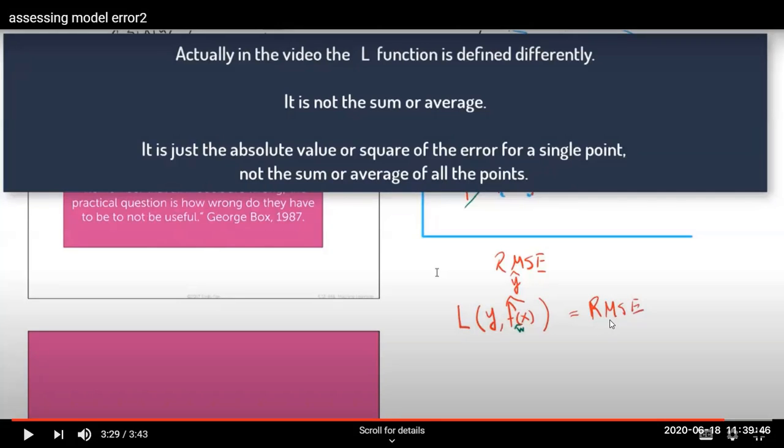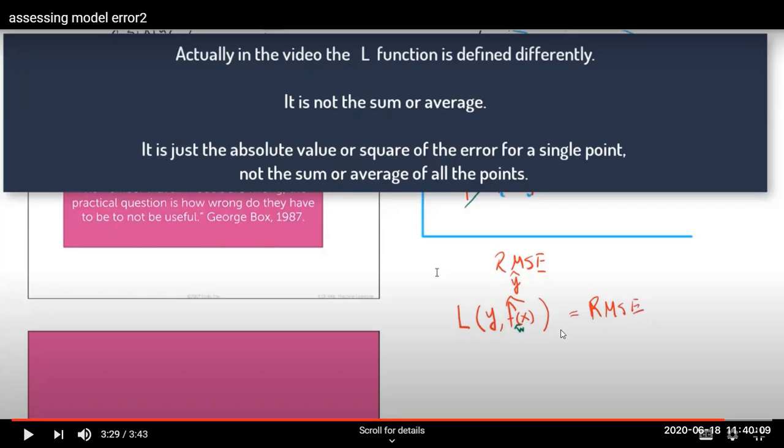So actually this thing is only the S and the E. It doesn't have the R and the M. So if we want RMSE, we have to take the root mean of this. This is just the SE. Okay, do you understand? So this doesn't mean the root mean squared error.